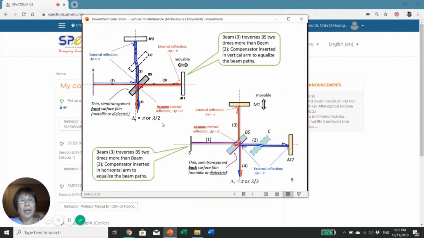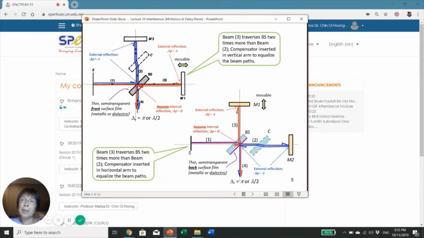Now let's look at the path of the beams. Just now we had this arrangement. So if we look into the phase shift due to reflection, we have one external reflection here. Initially already has one here, so in total the blue beam here would have undergone 2 external reflections, so the total phase shift will be 2 pi.